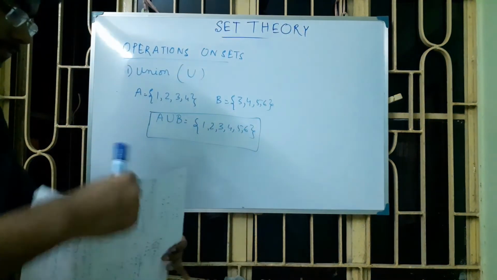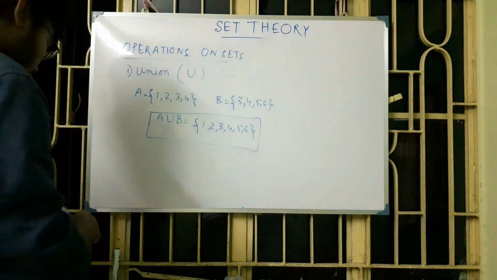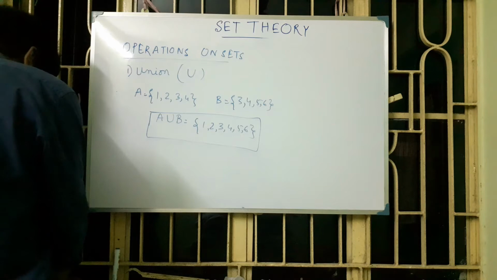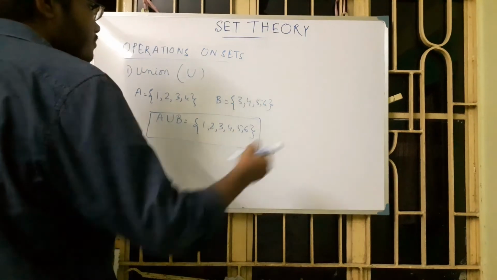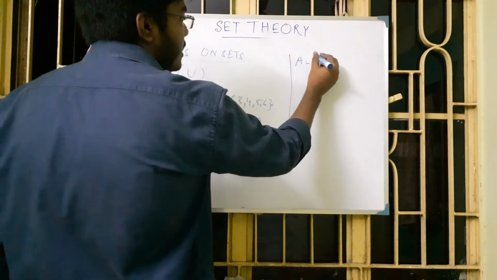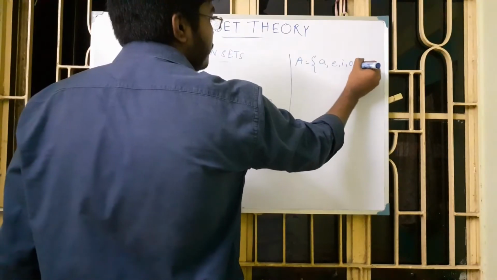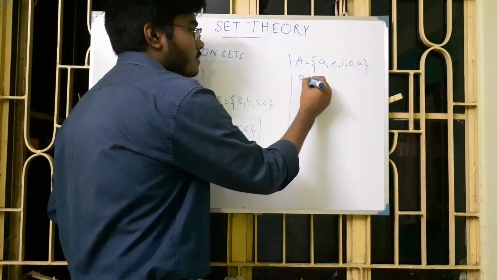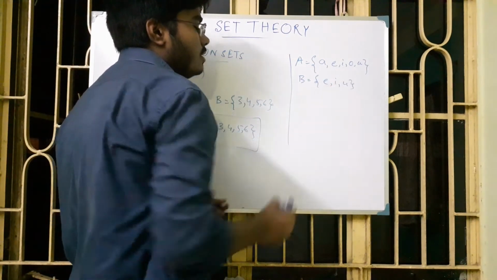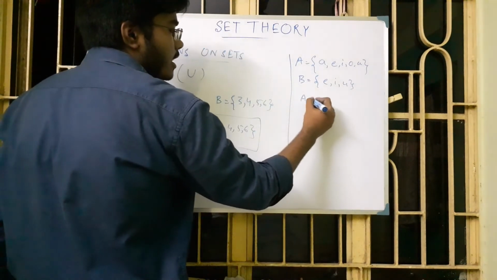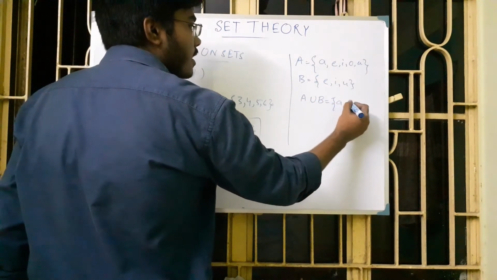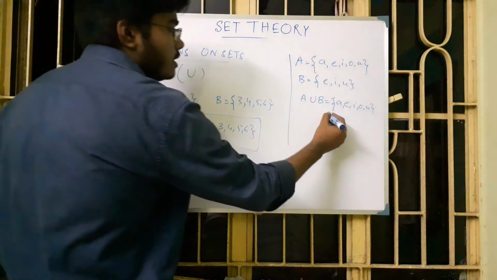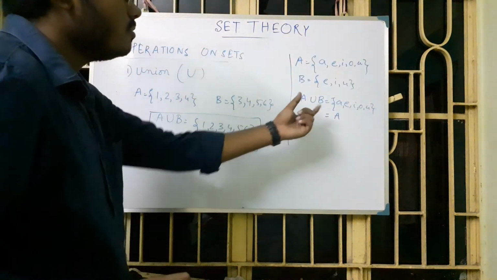If, let's say, set A is the set of vowels, okay, and set B is E, I and U, then A union B is A, E, I, O, U. So this is also equal to A. When will this be equal to A?